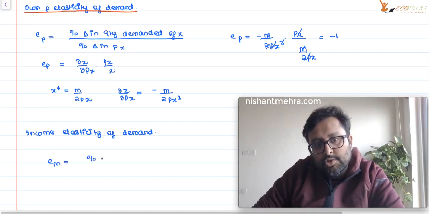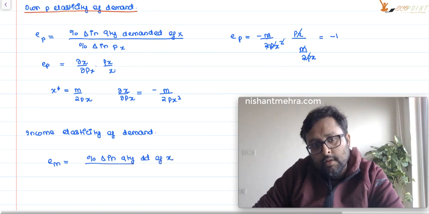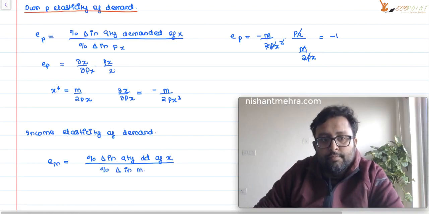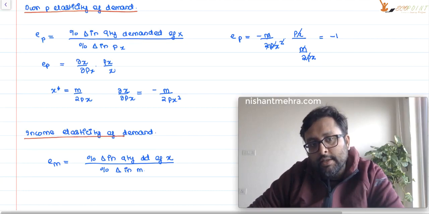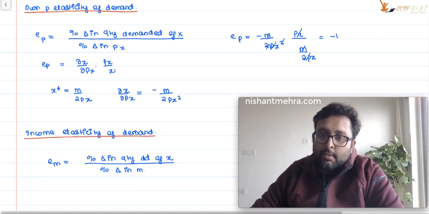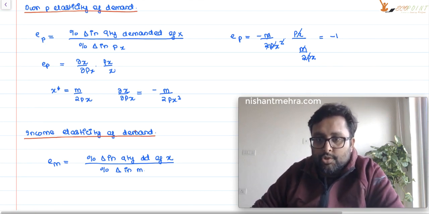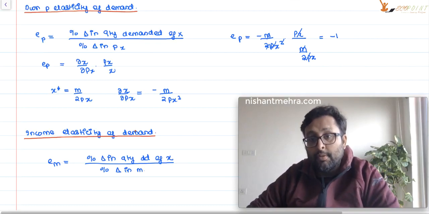It is the percentage change in quantity demanded of X whole upon percentage change in income. So if there is a 1% increase in income, let's say, income elasticity of demand is going to tell you what the percentage change in the quantity demanded for X will be.